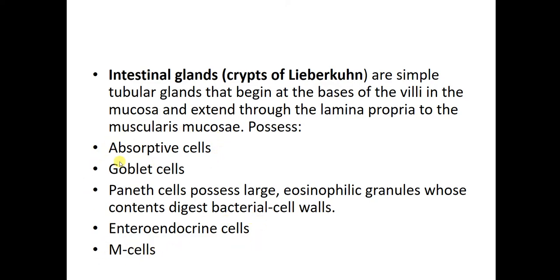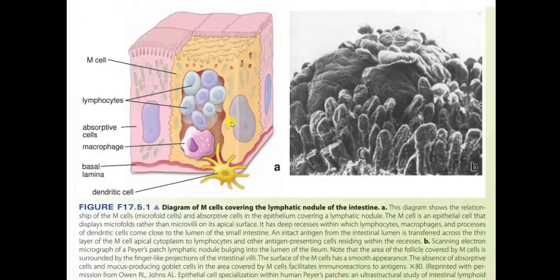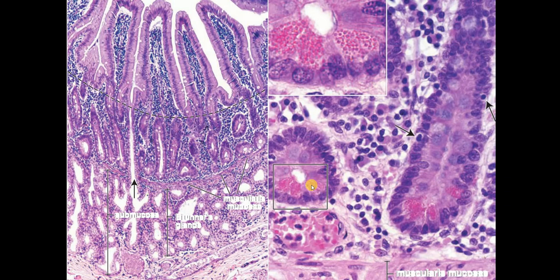Before this, we discussed only absorptive cells and goblet cells. So let's talk about Paneth cells. Here they are. Paneth cells just contain some eosinophilic inclusions.